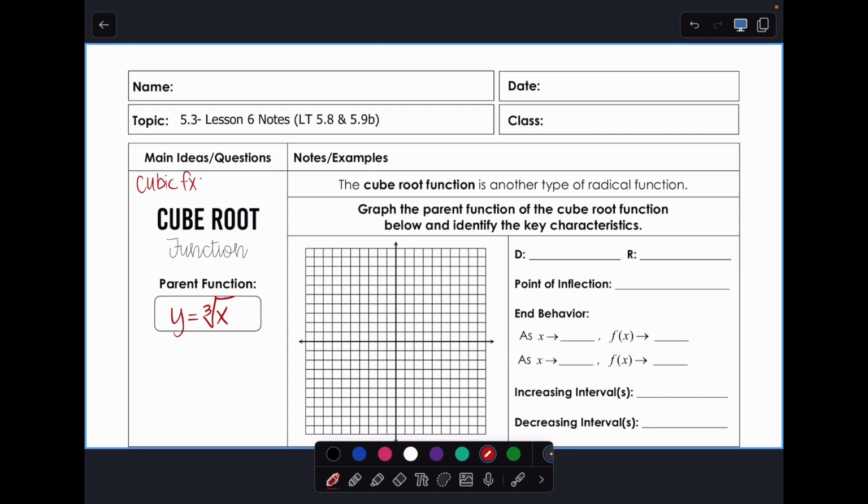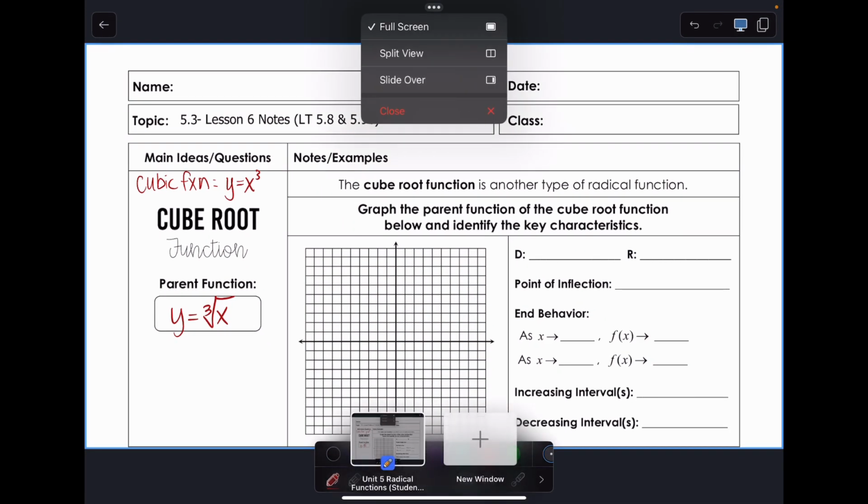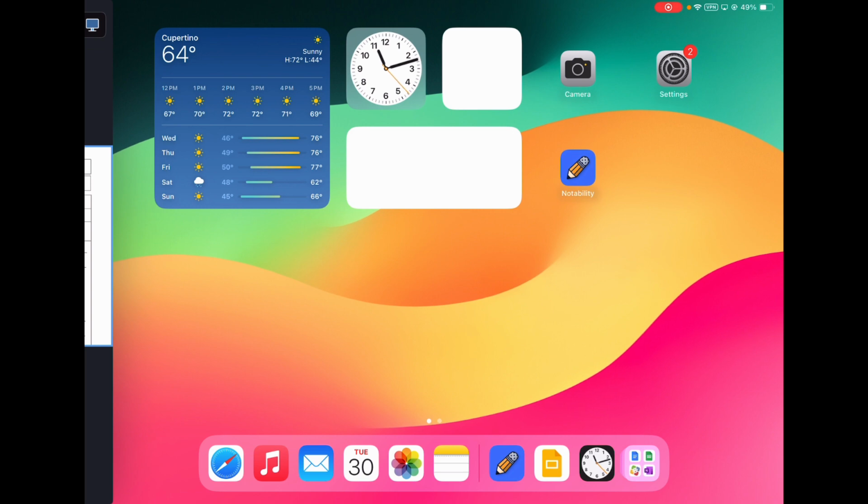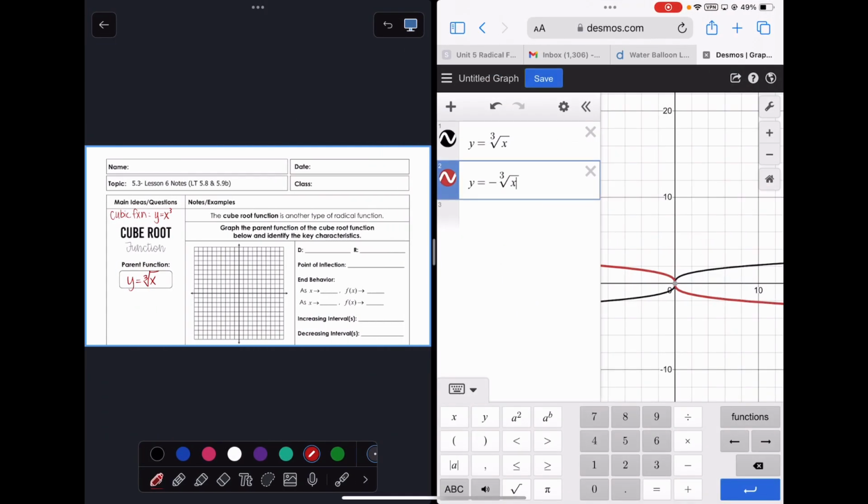The cubic function is y equals x cubed. I want you to put in x cubed onto your calculator. Let's pull up my Desmos.